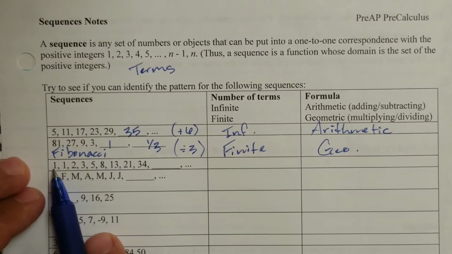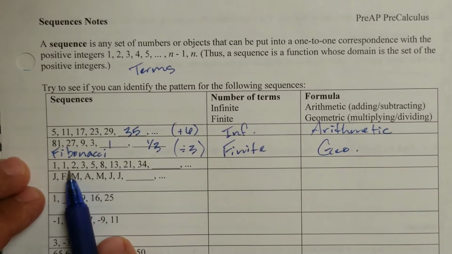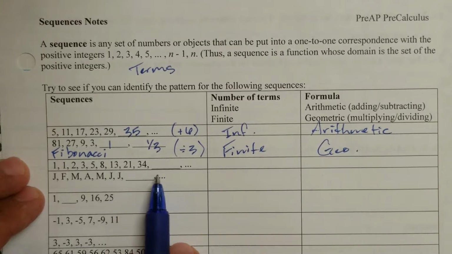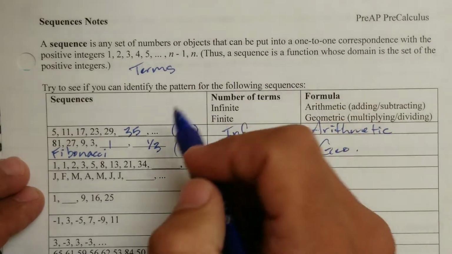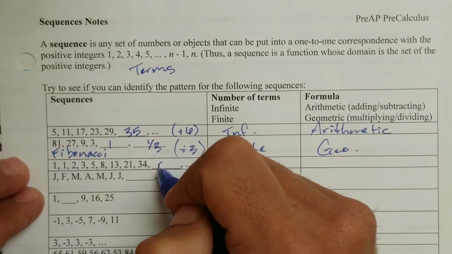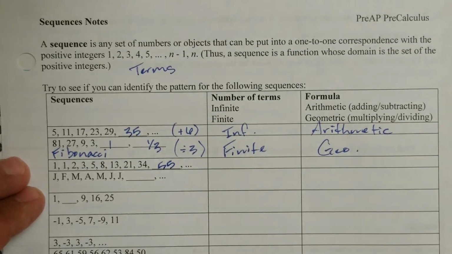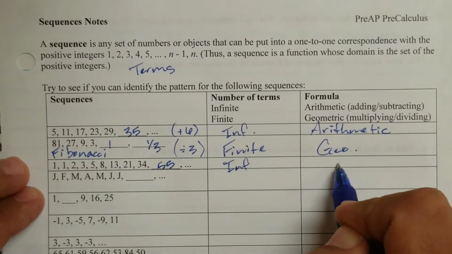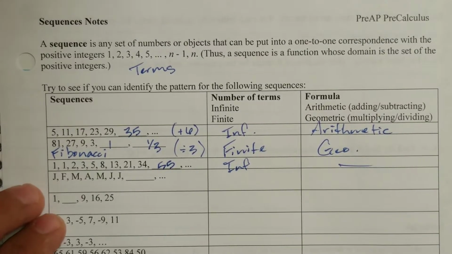But what's happening here, it's adding the 2 previous terms. So 1 plus 1 is 2, 1 plus 2 is 3, 2 plus 3 is 5, and so on. So this would be 21 plus 34 is 55, would be the next term there. That one's infinite, and it is neither arithmetic or geometric.